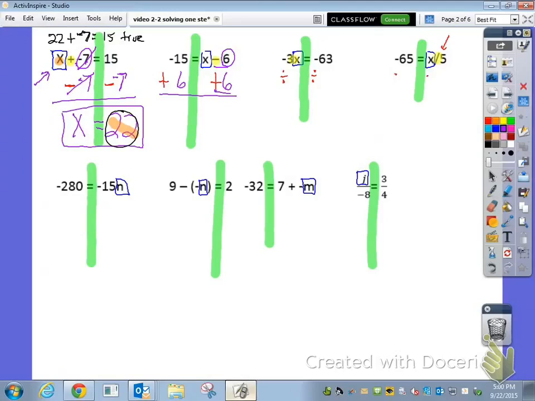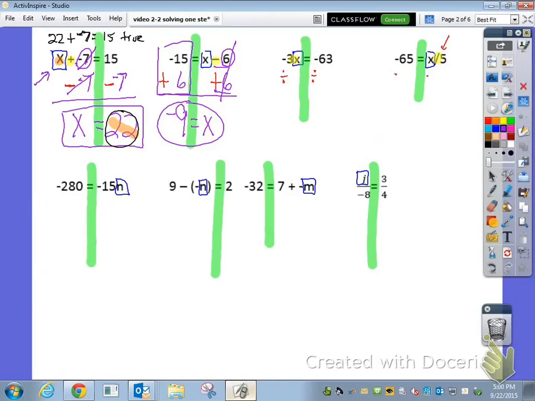So minus 6 and plus 6, they're opposites. So whether you want to think of the opposite of subtracting 6 is adding 6, or the opposite of a negative 6 is a positive 6, that works for addition. So you add 6 to the other side. When you punch this in your calculator, negative 15 plus 6, you get negative 9 equals X. And these cancel out. So this negative 9 is your solution.